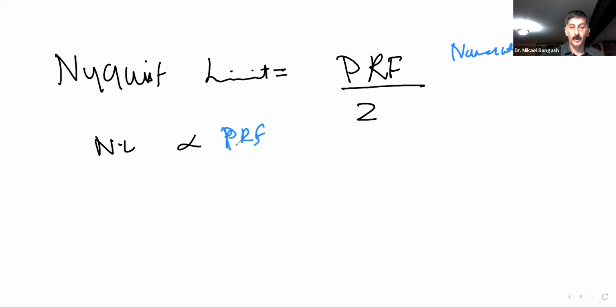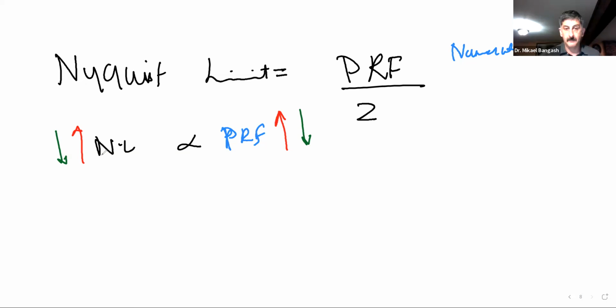It means that increasing your PRF will increase the Nyquist limit, and decreasing your PRF is going to decrease the Nyquist limit.